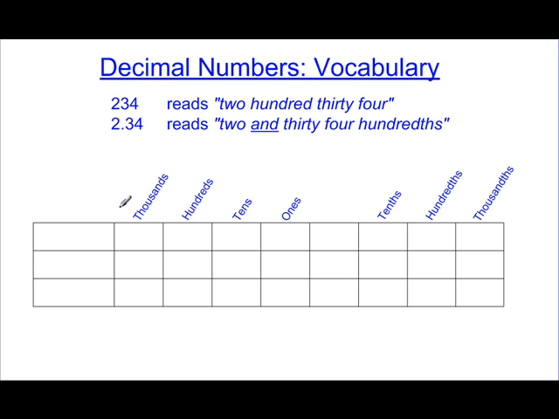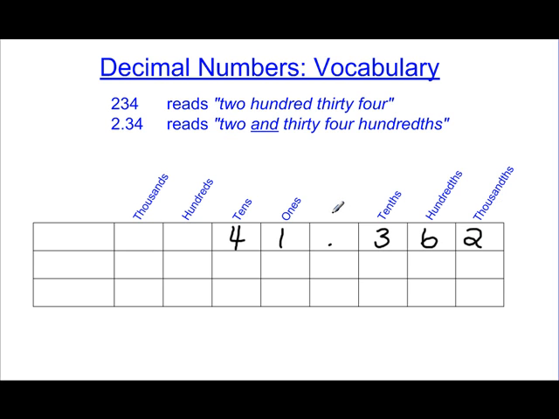Let's do some examples. I'm going to write out a number, and if you'd like, please read out the way you would read out the number in a classroom. The correct way to read this number is 41 and 362 thousandths.